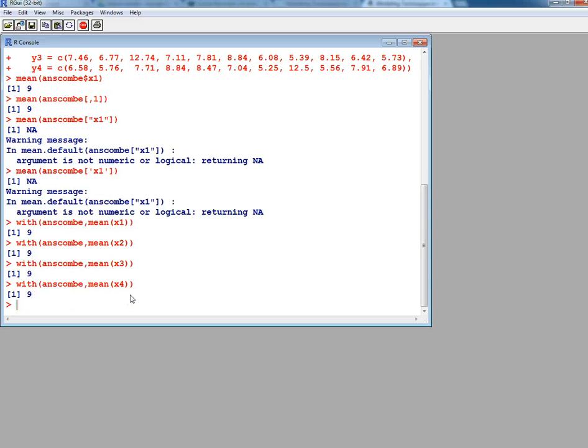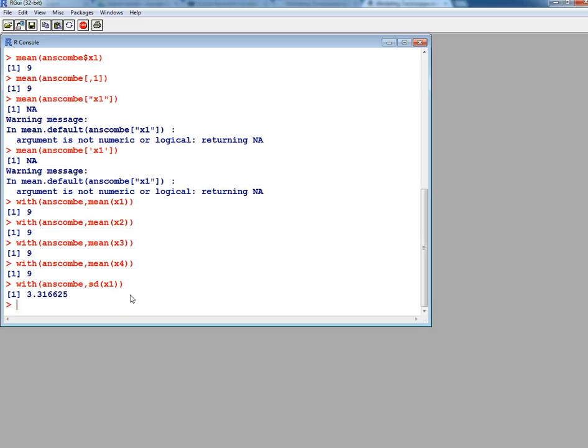Okay, how about the standard deviation of x1? Okay. How about the standard deviation of x2? What's that?